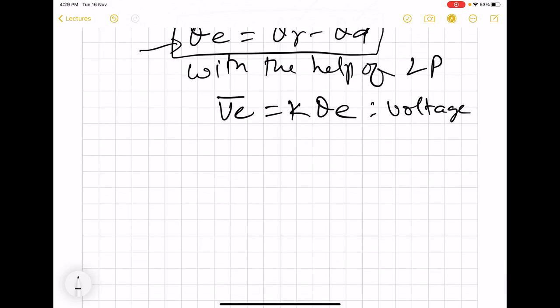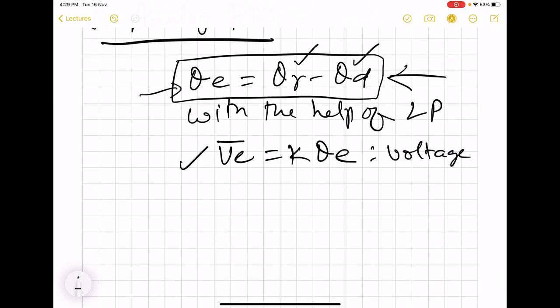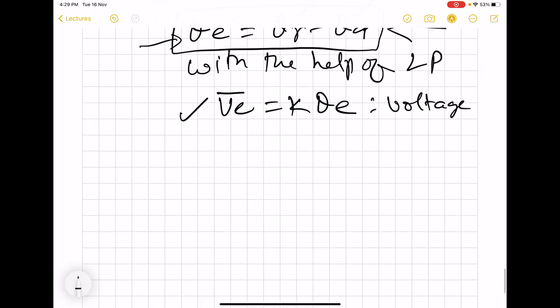So if you recall the mixer or the multiplier, that circuit basically can do this part. That means it can produce this kind of output. And then the loop filter will be able to take care of this part, second part. Let us see how this mixer will be able to produce the phase error or detect.